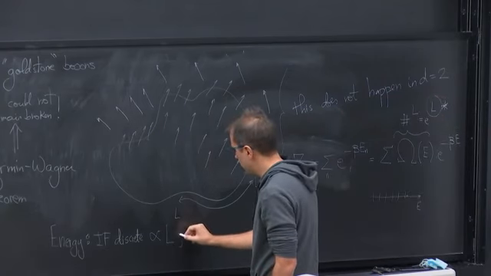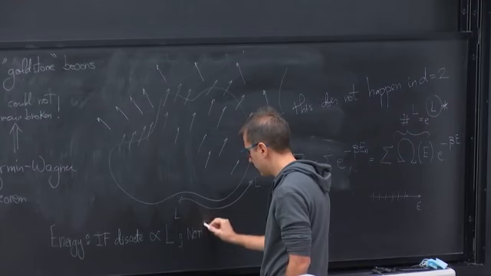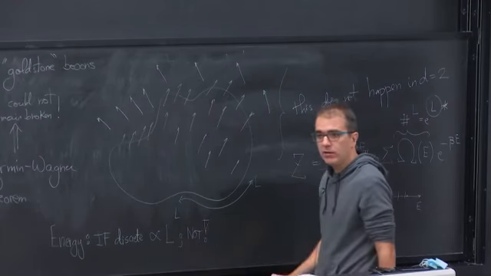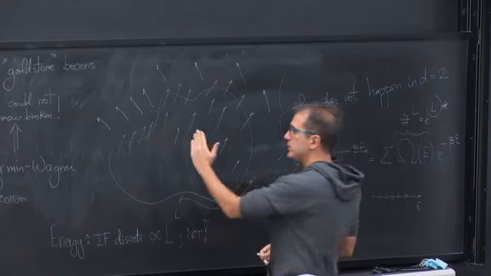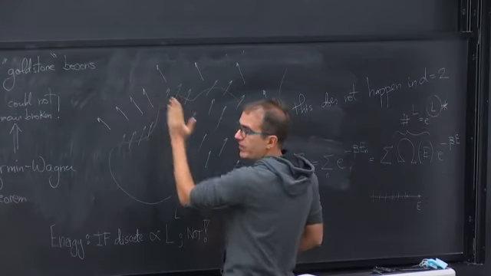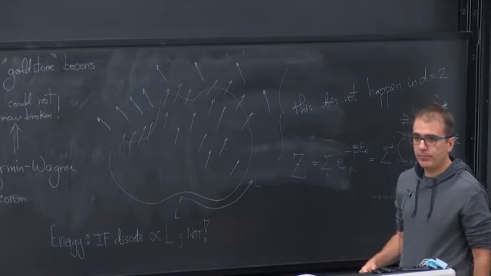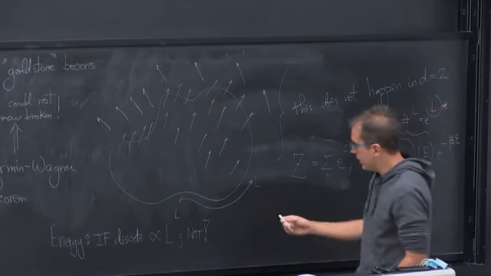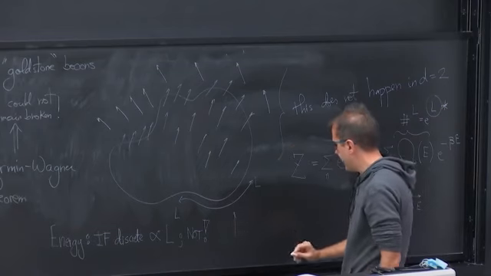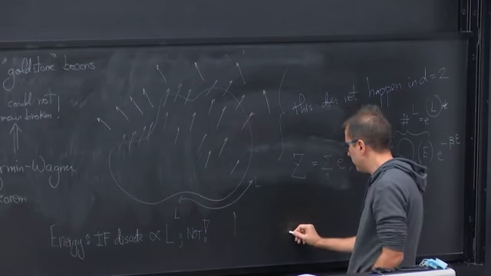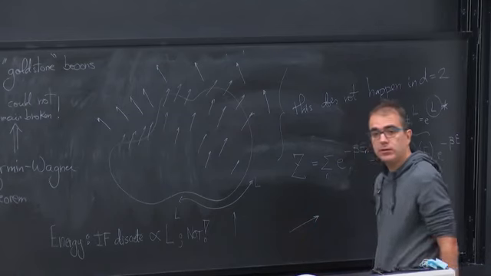Now it is, but it's not discrete. So we have to estimate how much energy it costs to transition some vector here to some vector there. You have this vector n and you want to transition to some other direction.